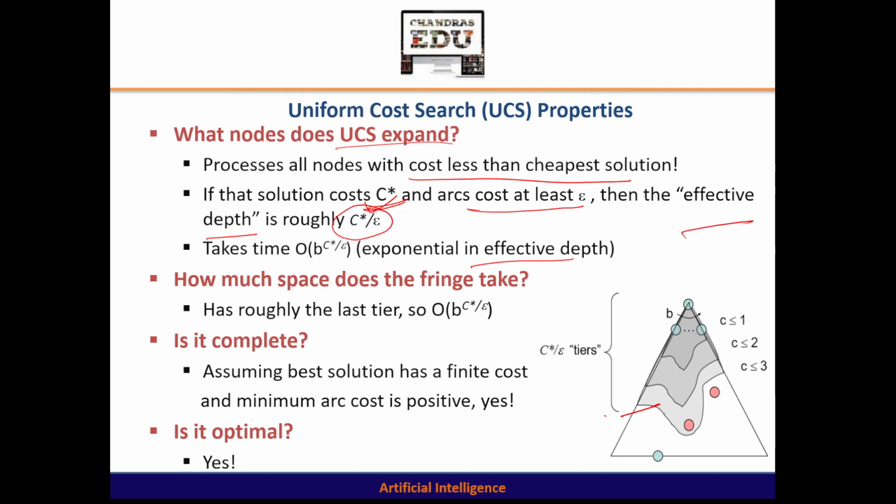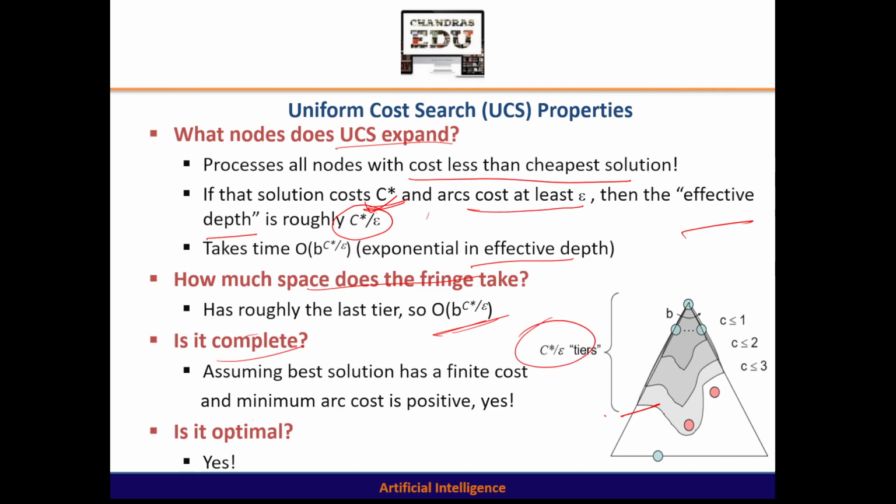So b power C star by epsilon will give you the time complexity, and the space complexity also will be the same, as we are trying to go till the last tier to get to the solution. Last tier here means C star by epsilon to find the solution.